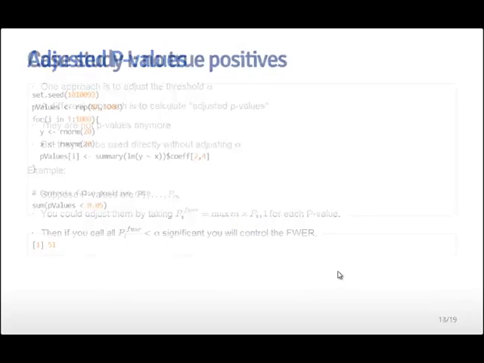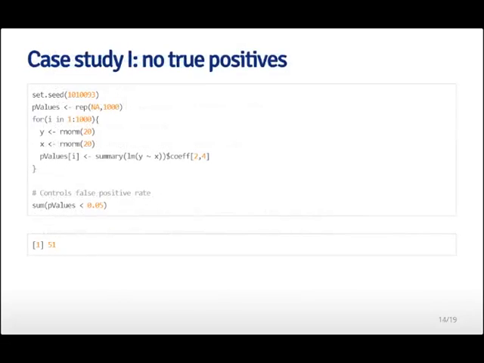Here's an example with no true positives. I've simulated 1,000 data sets. In each case, I generate a normal y and a normal x that have no relationship to each other. Then I fit a linear model relating y to x and take the summary of that linear model to get the coefficient matrix.